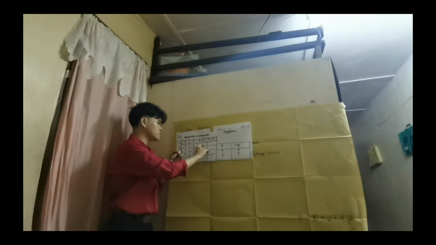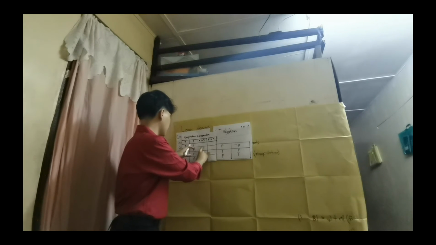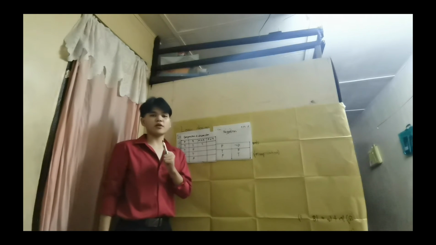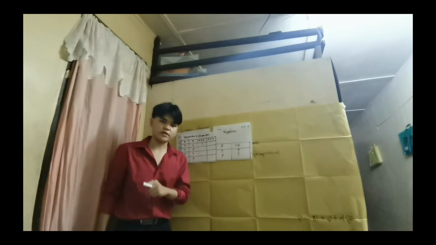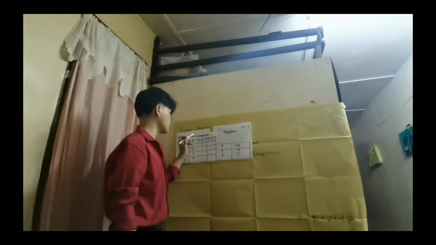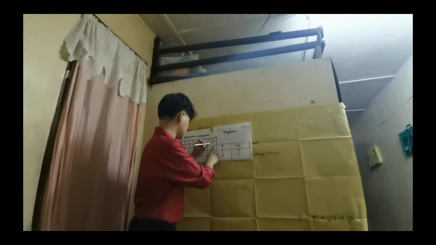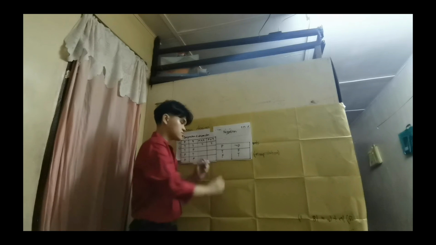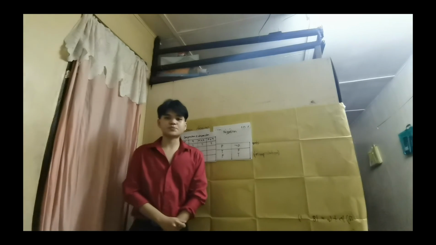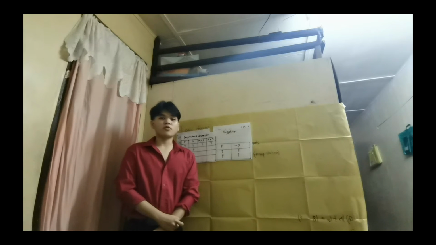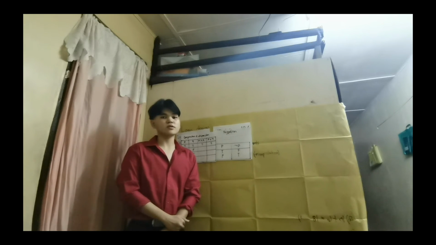Now, the conjunction of true and true is true because it is true when both P and Q are true and it's false otherwise. The next is the disjunction of P or Q. This is true because it's false when both P and Q are false and it's true otherwise.